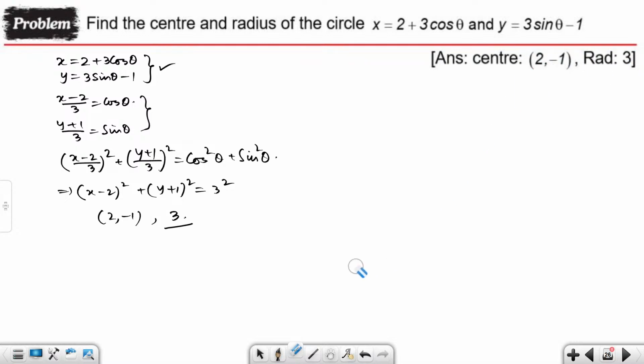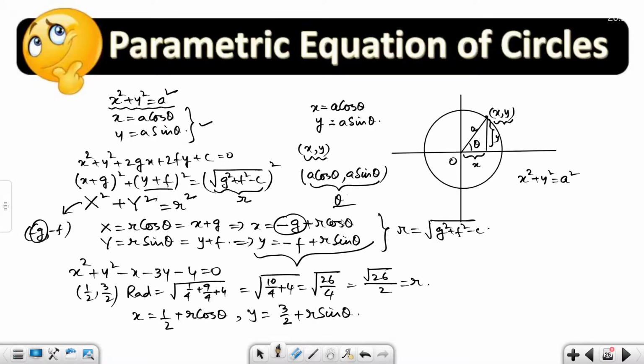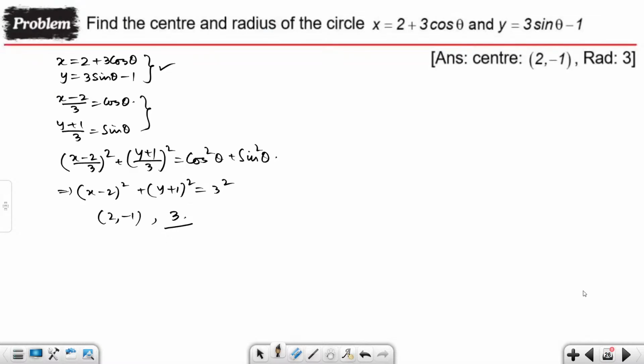Is it clear to all? So what have we learned? If a general equation is given, we can find its parametric form, and if a parametric form is given, we can convert it into the general form. Now we can convert from one form to the other.